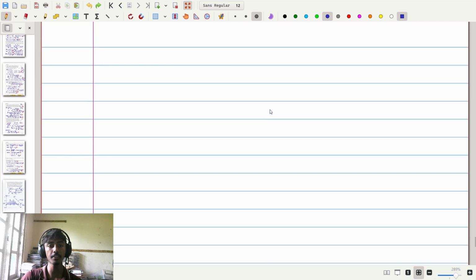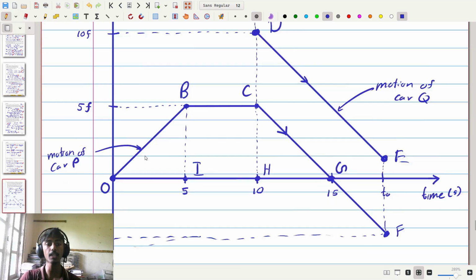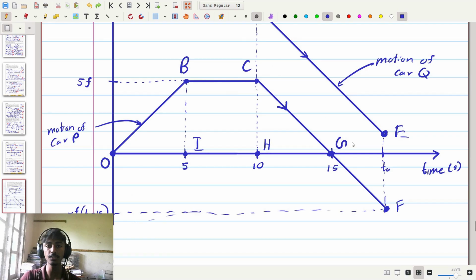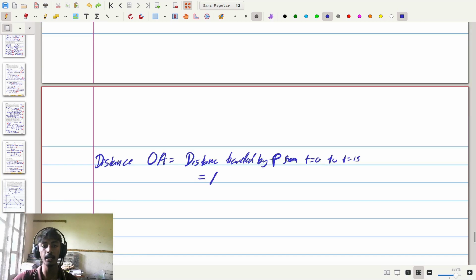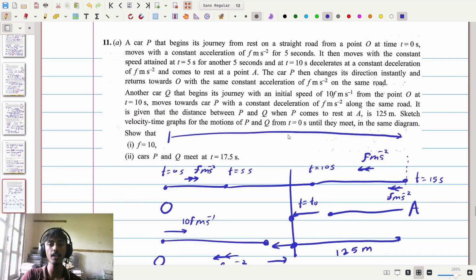So going down, I can write distance OA equals distance traveled by car P from t equals 0 to t equals 15, which is also equal to the area under the curve, which is the area of the trapezium O, B, C, G. So it's also equal to area O, B, C, G.